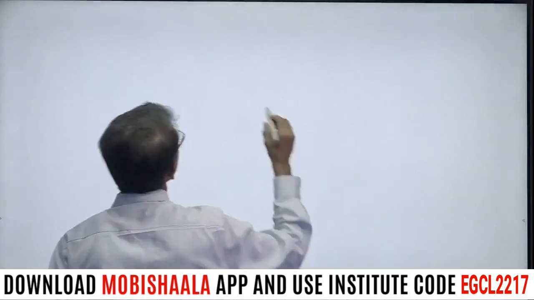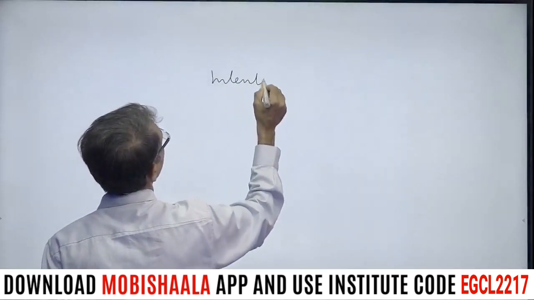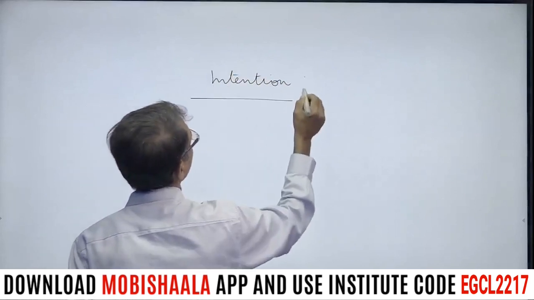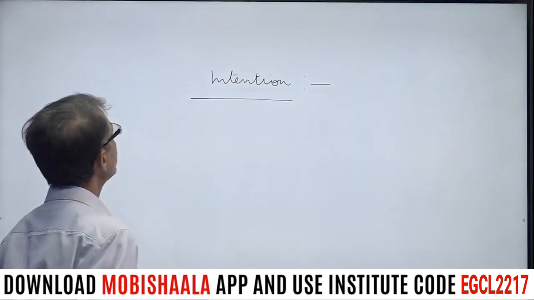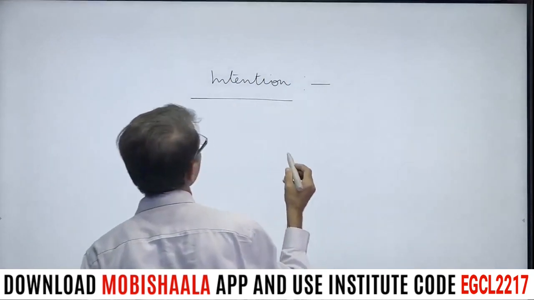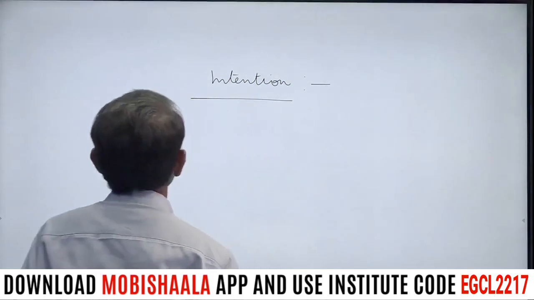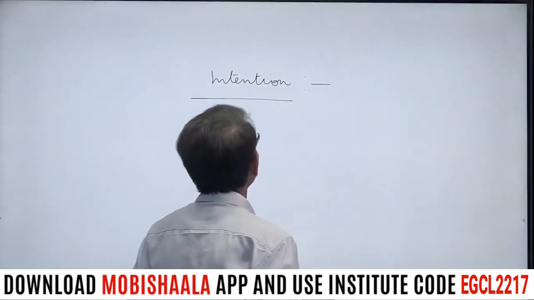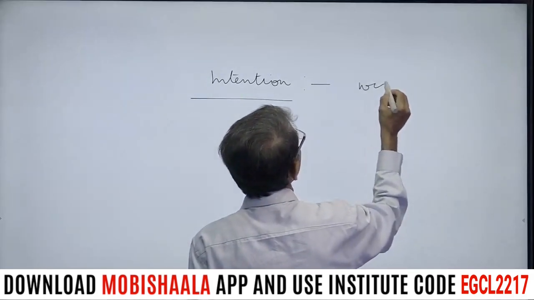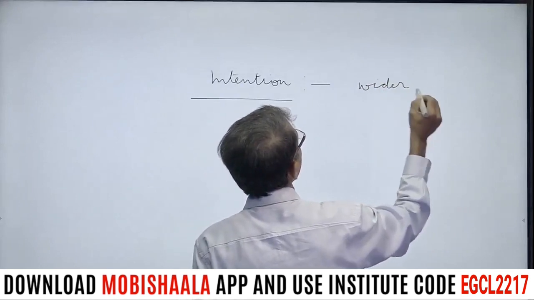So what is intention? When we say, what about intention? Intention is always wider than the motive.